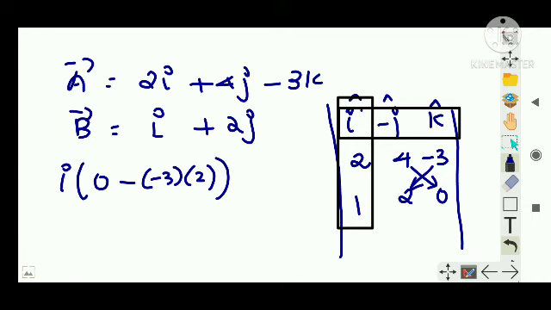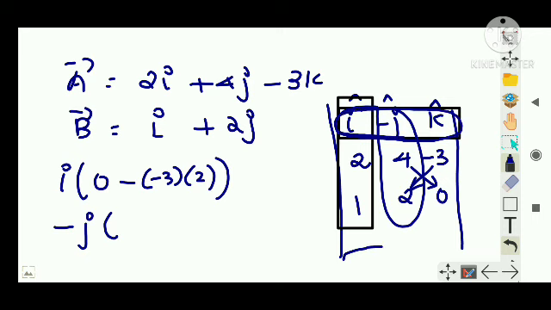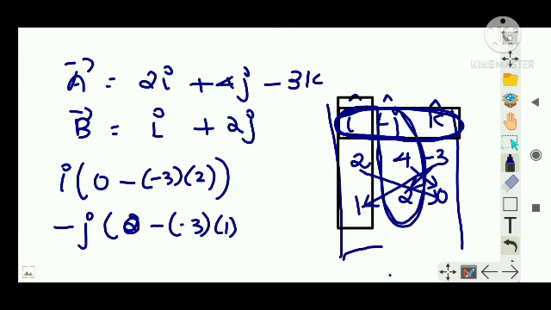Clear? Now keep j with the minus sign, right? Now what should I do? j's row and its column, right? This is its row, I have darkened it, and this is its column. I kept it quiet. Now multiply 2 into 0 and minus 3 into 1. So 2 into 0 is 0, minus 3 into 1.